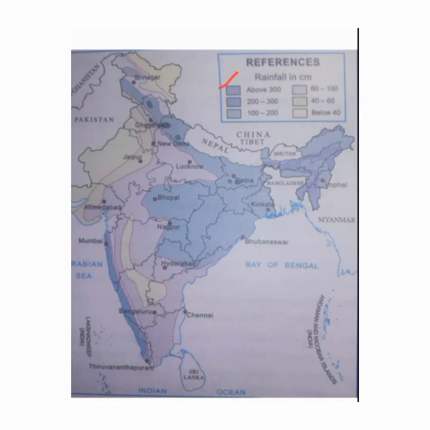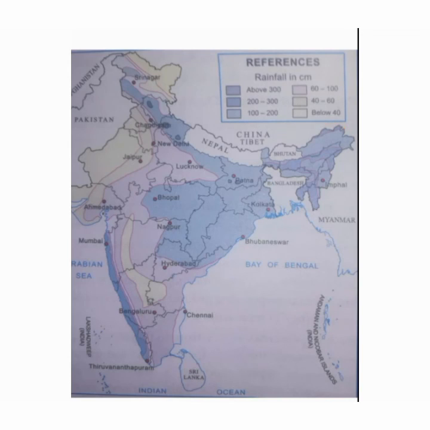Now you can see this reference box there where after 300 centimeter rainfall various other colors are used, like for 200 to 300 centimeter rainfall blue color, then 100 to 200 centimeter rainfall in light blue color, followed by 60 to 100 centimeter in pink color, 40 to 60 with yellow, and below 40 with light yellow.